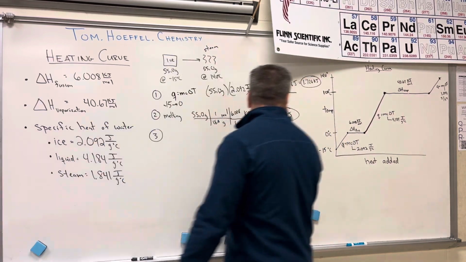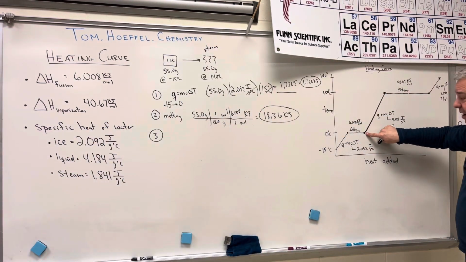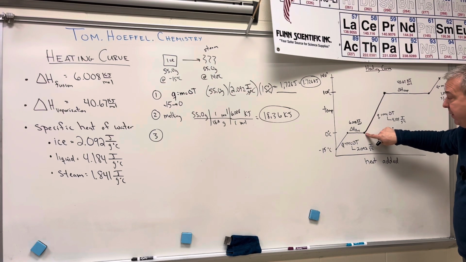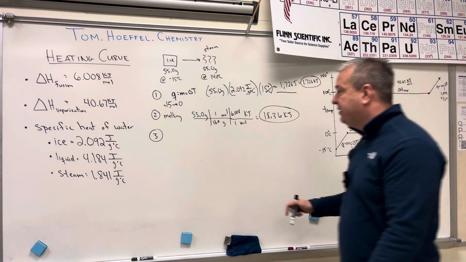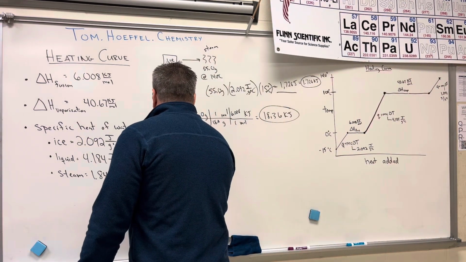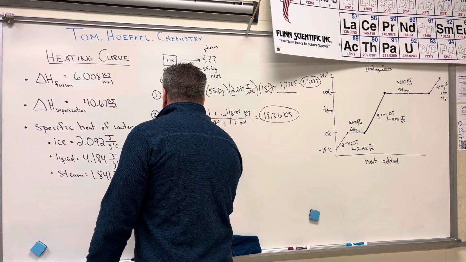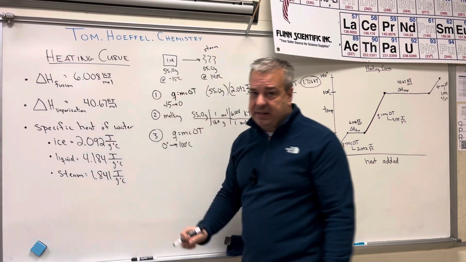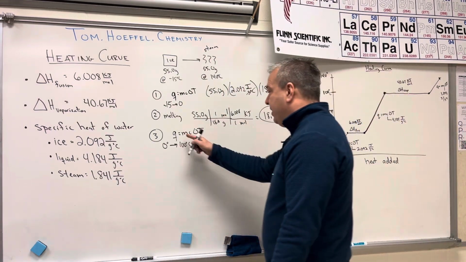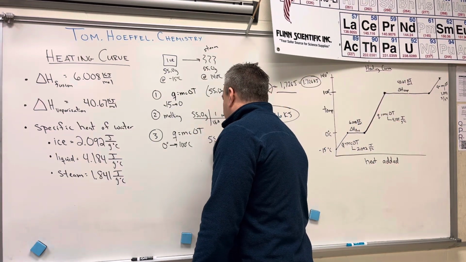So part three is going to take my water that is now melted, it's now liquid, and I'm going to heat it up to the boiling point. So going from 0 to 100 degrees Celsius is what we're doing, and we're going to use Q equals MC delta T. So my mass is still 55 grams.